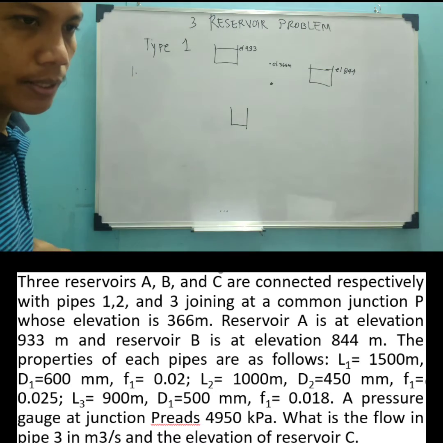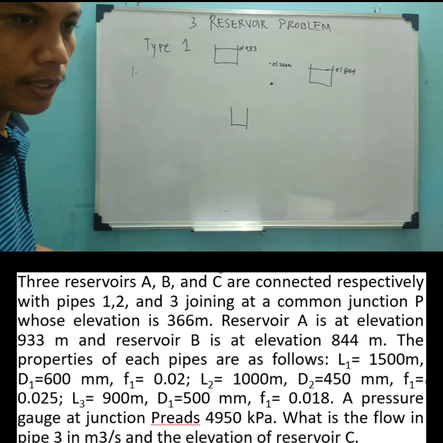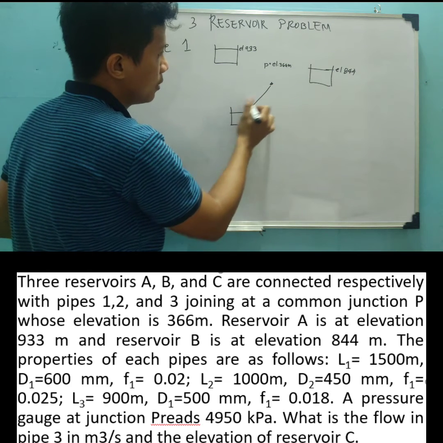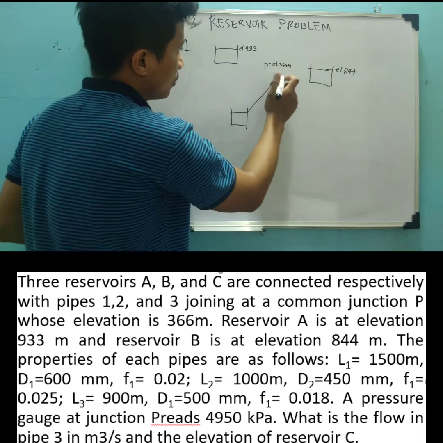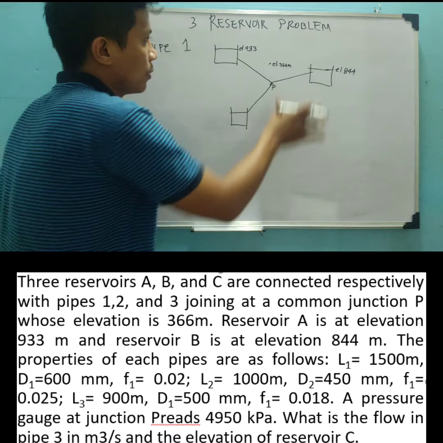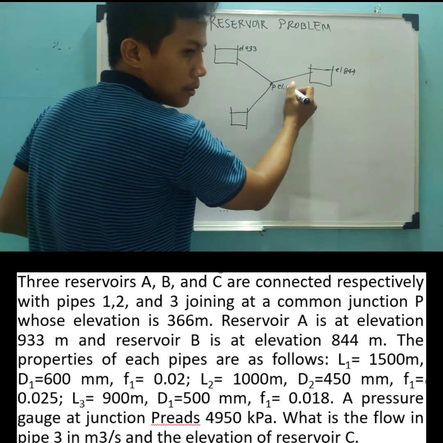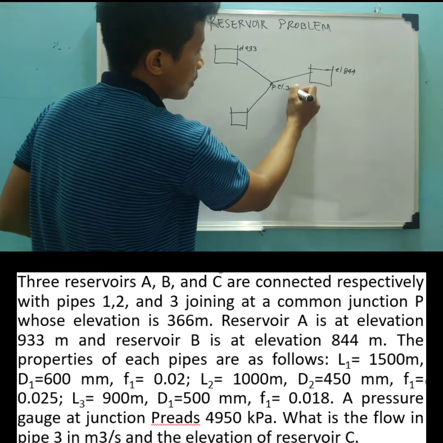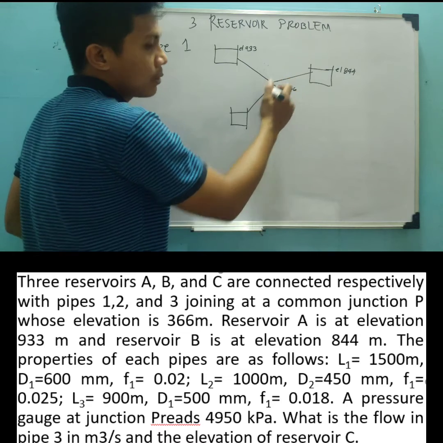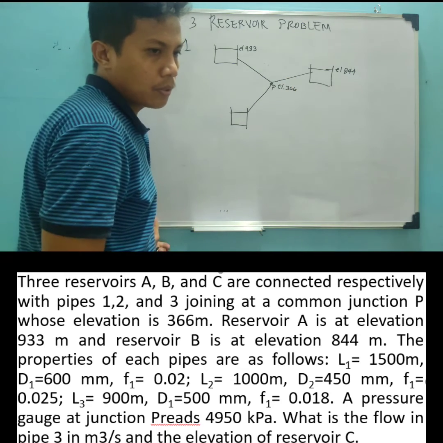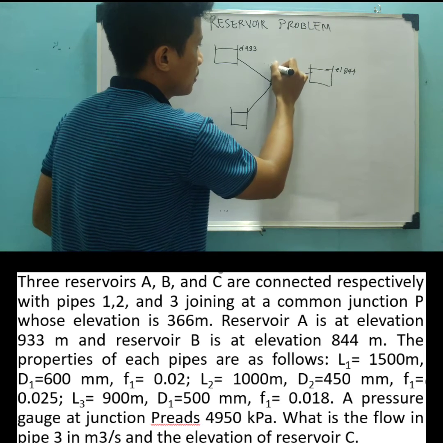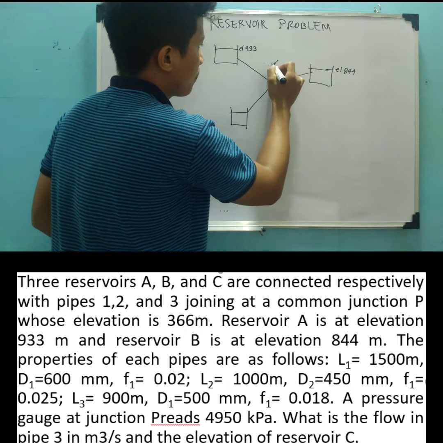A pressure gauge at junction P reads 4950 kilopascals. This is junction P, at elevation 366. The pressure gauge reading here is 4,950 kilopascals. Let's name this point P prime.